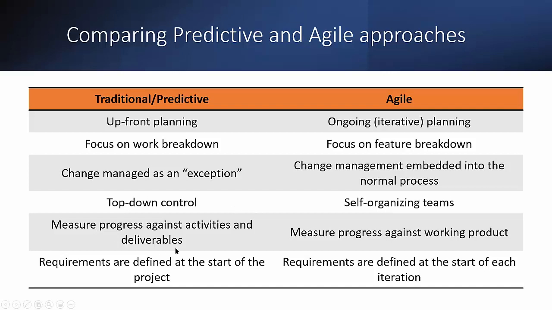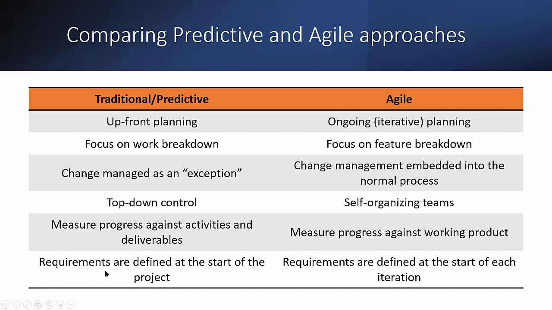Progress in a predictive approach is measured against the deliverables, against the progress of the activities that are being done, while in an agile approach it is measured against what we are delivering to the customer as a working product. So the fact that the customer is able to test the actual work as it progresses.